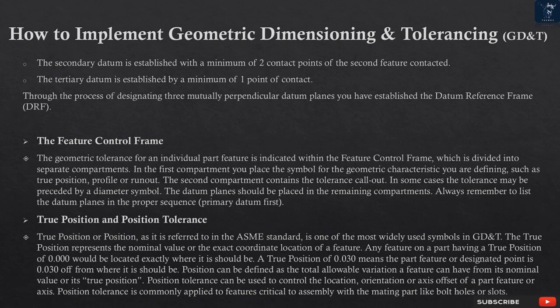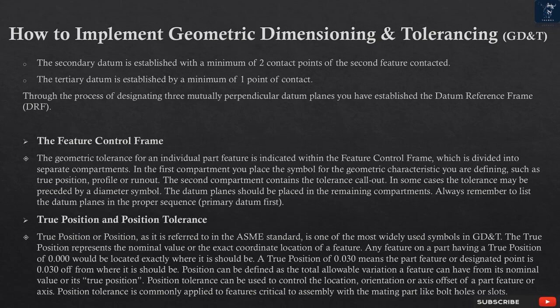The secondary datum is established with a minimum of 2 contact points of the second feature contacted. The tertiary datum is established by a minimum of 1 point of contact. Through the process of designating 3 mutually perpendicular datum planes, you have established the datum reference frame, DRF.